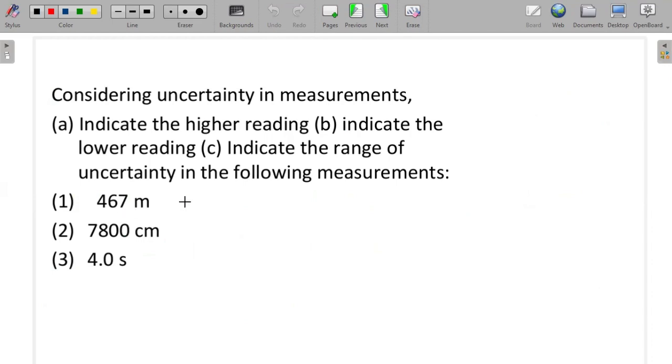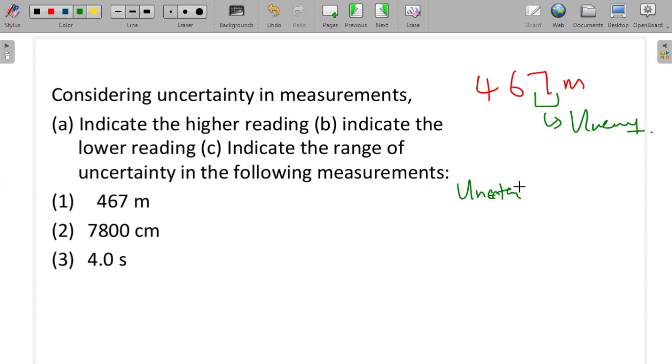So when I look at 467 meters, all these are significant. The last significant digit is this one, so this will become my uncertain digit, right? So the uncertainty there will be equal to plus or minus. This 7 here is in the ones, because this is 1s, 10s, 100s.